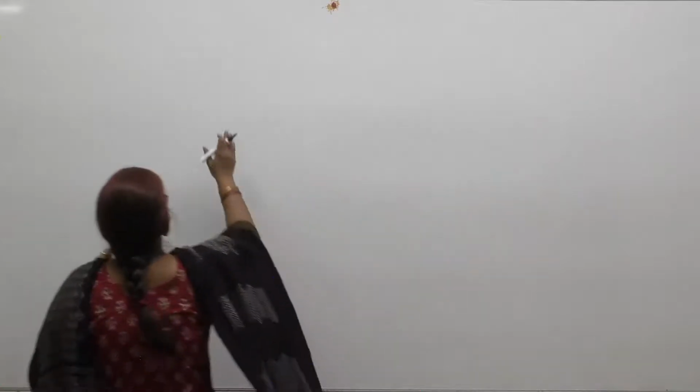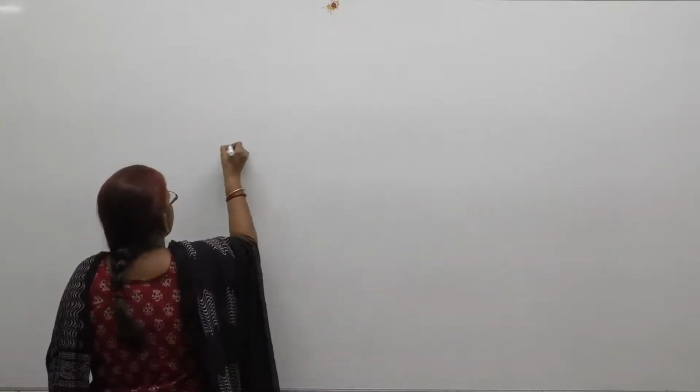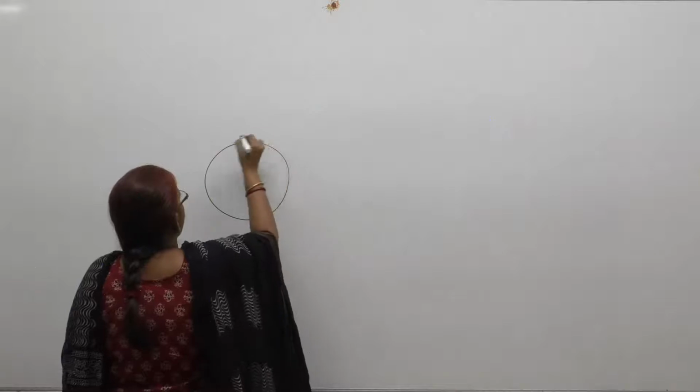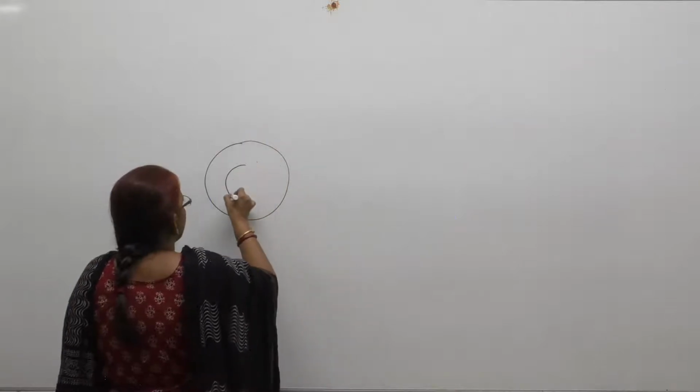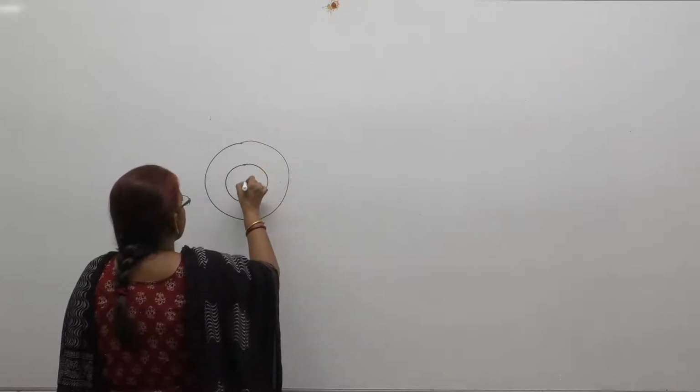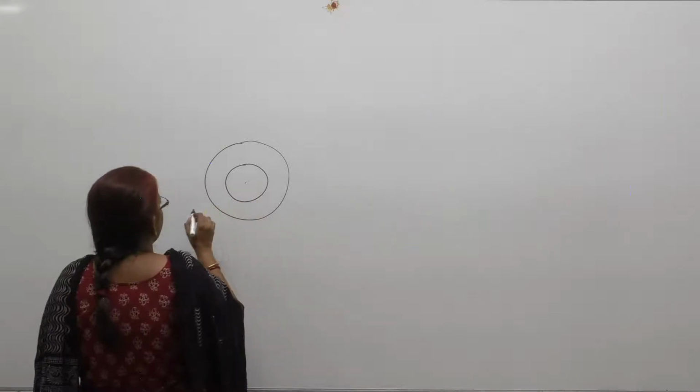So the next one, if a line intersects two concentric circles with the same center. Okay, so you have two circles. Concentric means they are two circles with the same center.